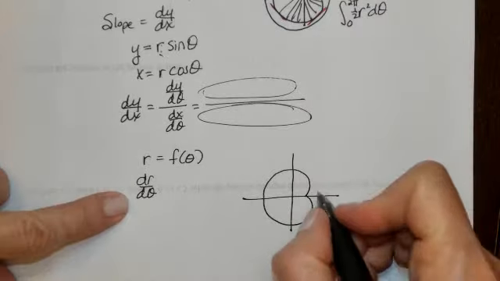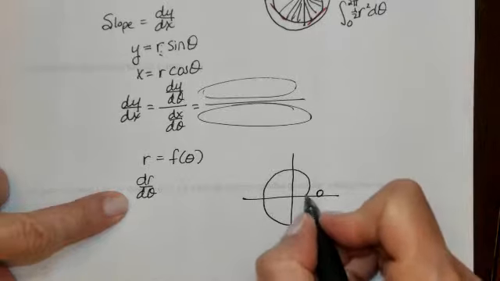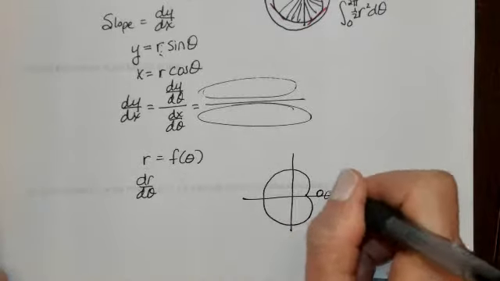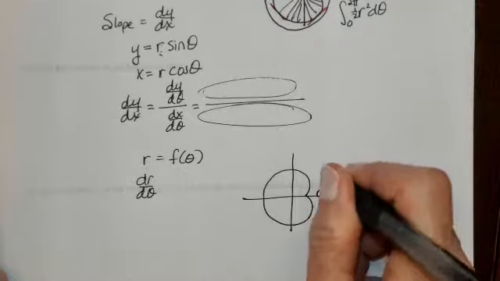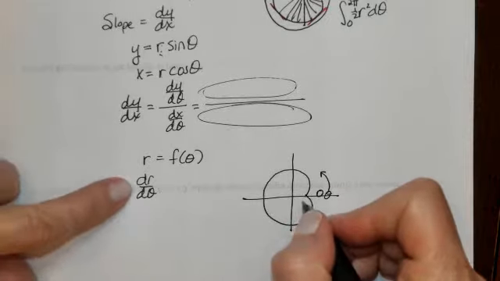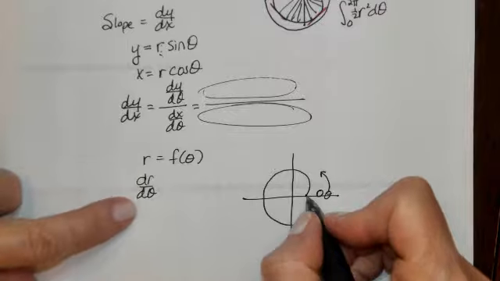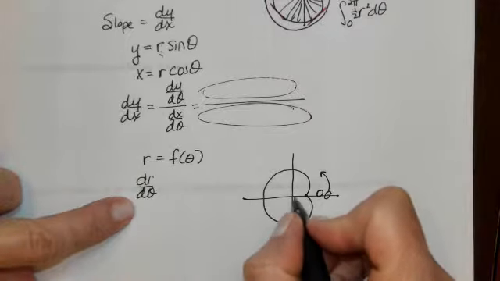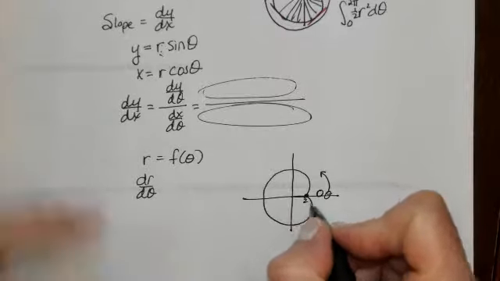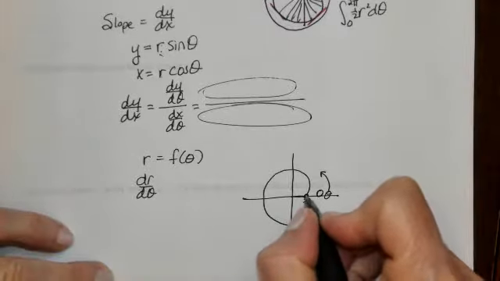Okay? If we start theta at 0, as theta increases, it goes around here, as theta increases, dr d theta is the rate of change of r with respect to theta. So r starts off whatever value that is. Let's say that that's a 2 for the sake of giving me a number. Let's say r starts off at 2.